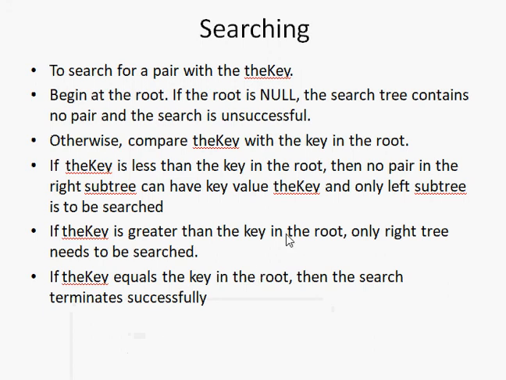Similarly, if the key value is lower than the root, then the left subtree is the region from where you need to search. This is a better technique to search for an element in an array or list, because the total number of iterations needed would be lower.